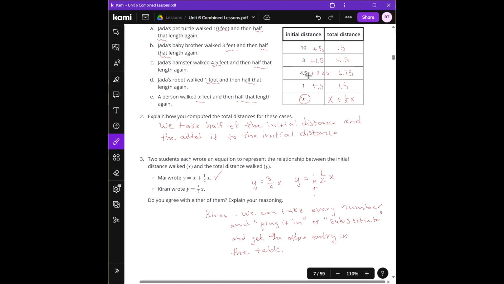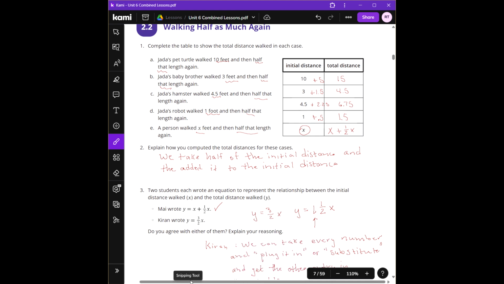So basically, what I'm doing here, see if I can move this over. I can't really. All right, so here we have y is equal to 1.5 times x. Okay, so y for our first one is going to equal 1.5 times 10.